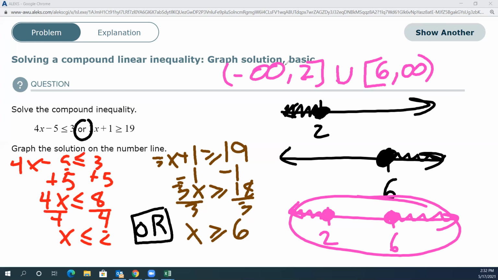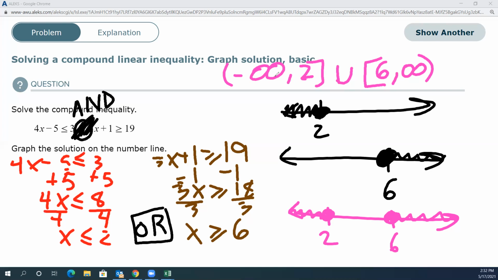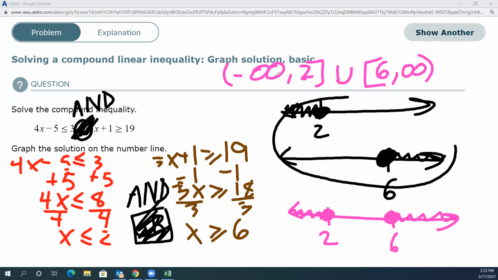Now, what if it was not an or? What if it were an and? Well, and means intersection. So we would ask, what's the intersection of these two sets? Where do they overlap?